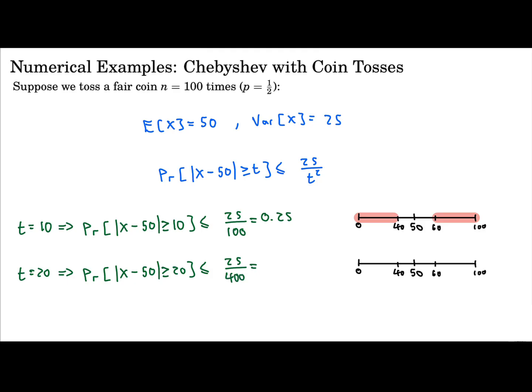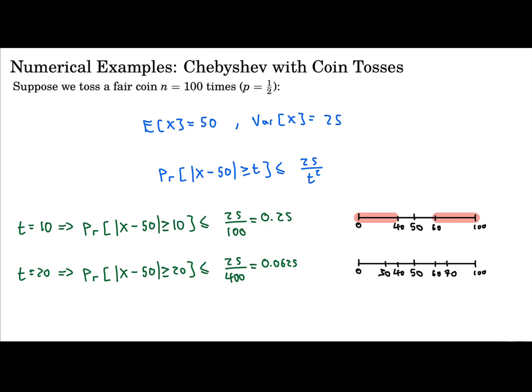And this is going to be equal to 0.0625, so that means about 6%. A distance of 20 from 50 would be 30 here and 70 here.